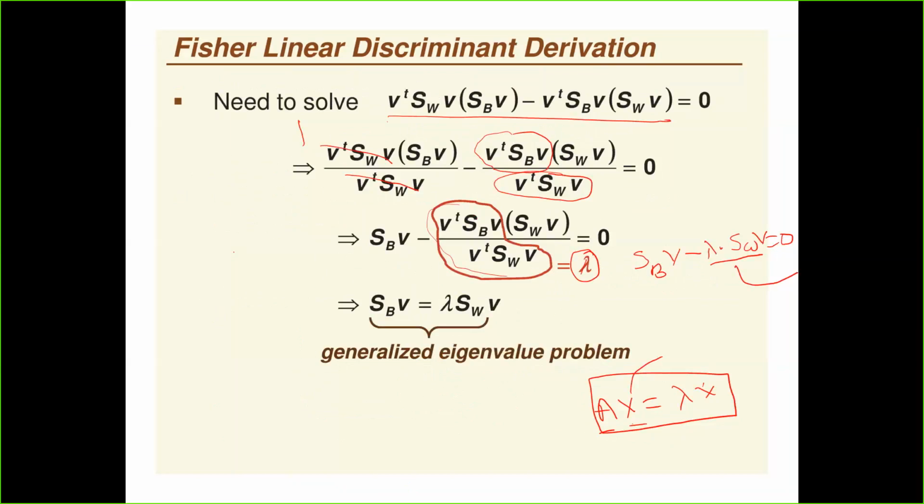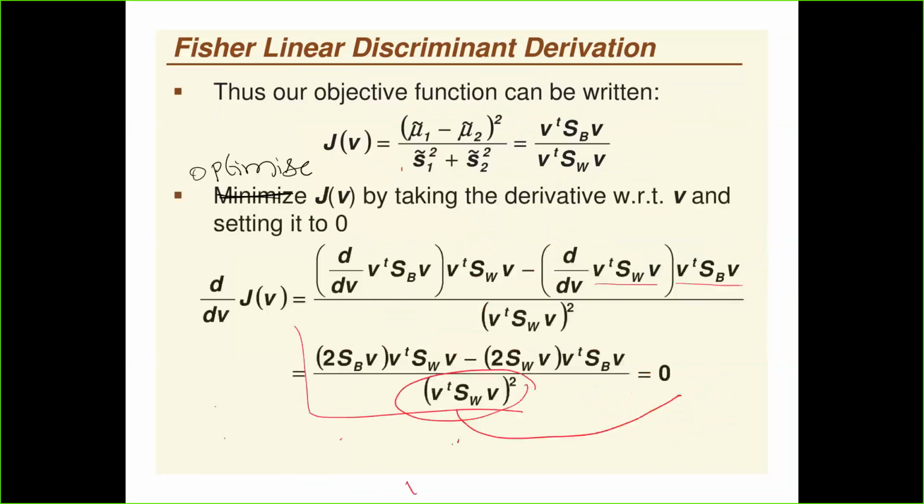You want me to go to the previous slide? Yes, sir. In the JV slide, how does the differentiation of V transpose SB V over dV work, sir? I just gave some variable d.